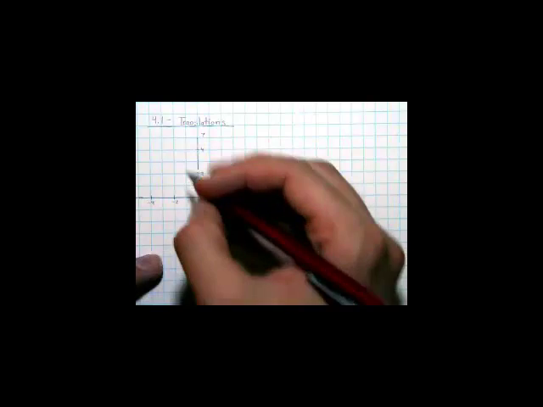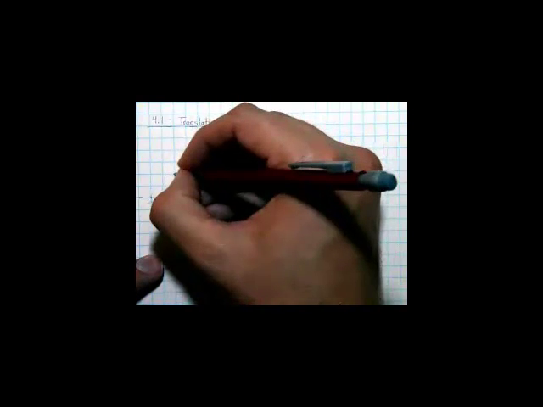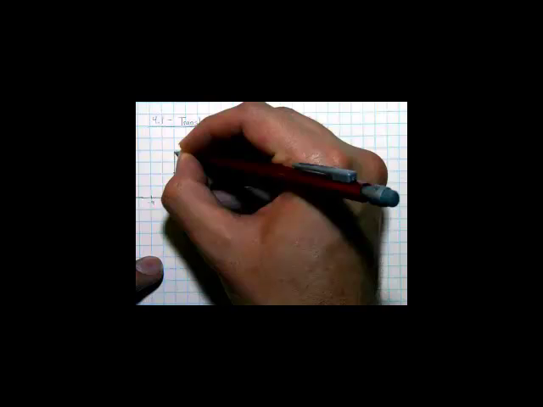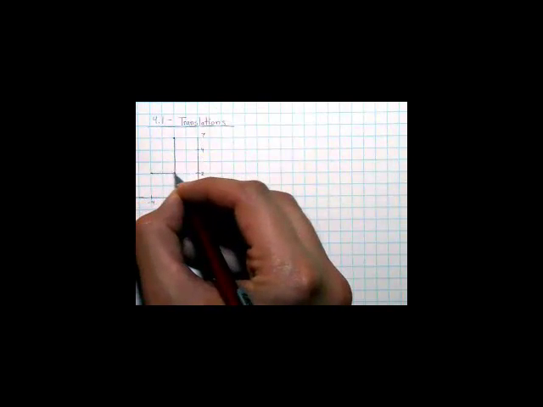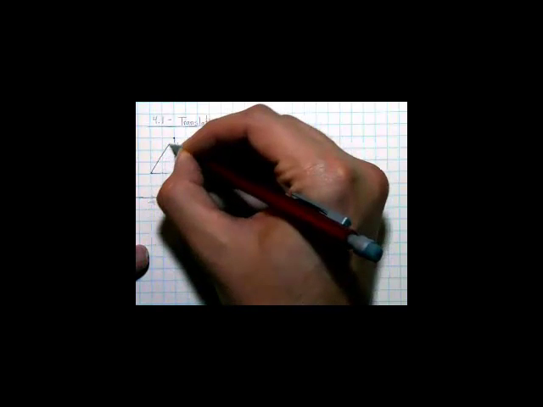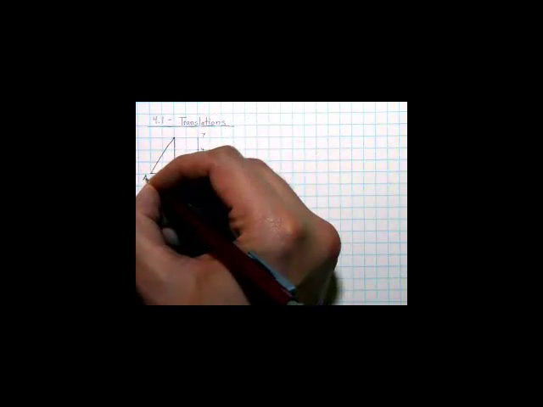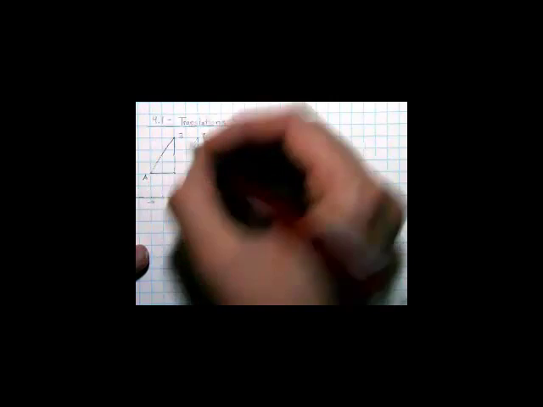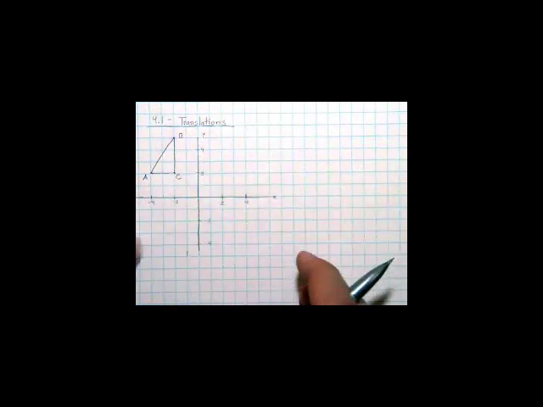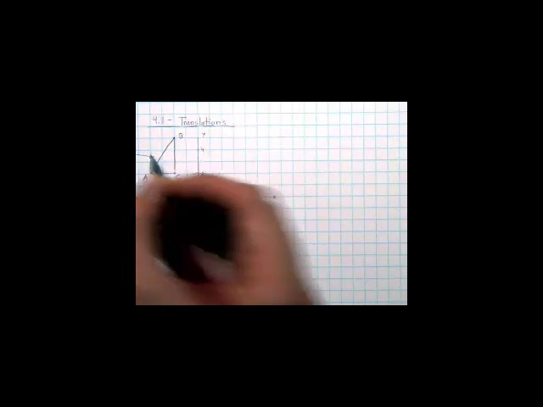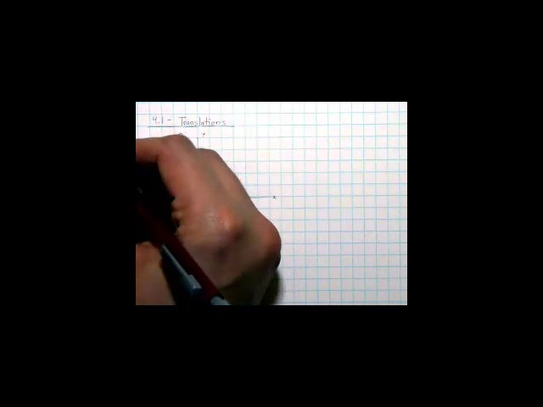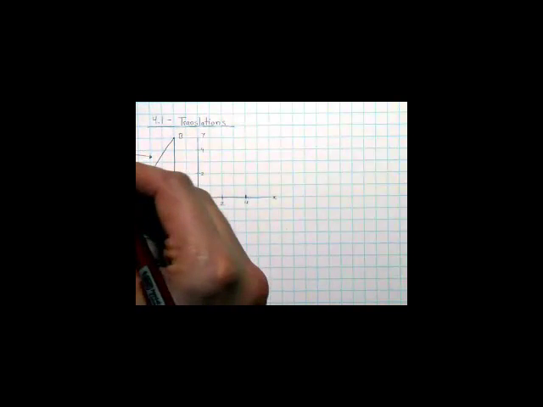Okay, so let's say our pre-image is this triangle. That's where we're starting from. Okay, so that's the pre-image.